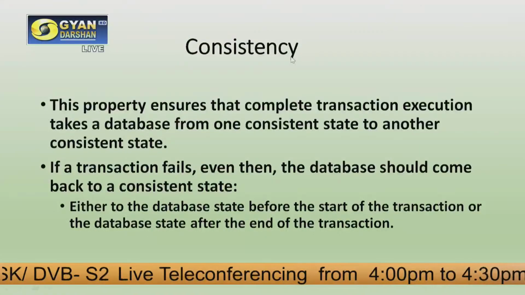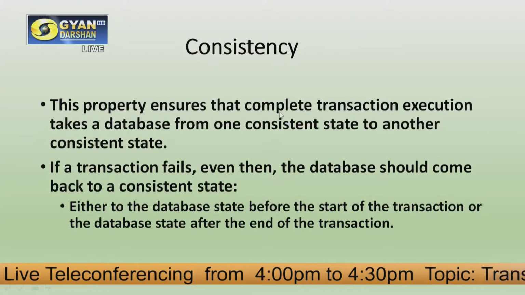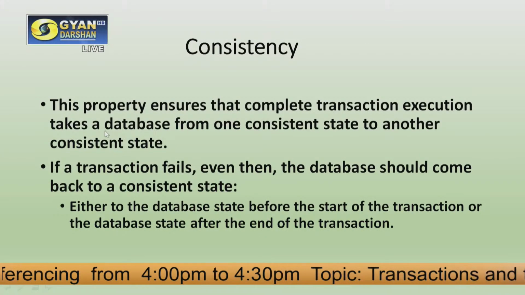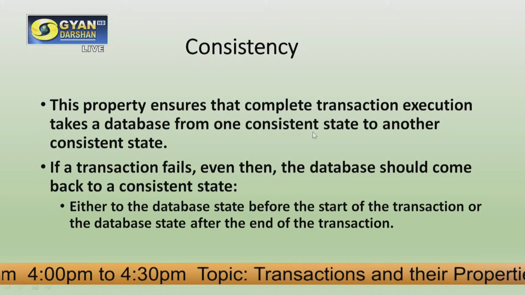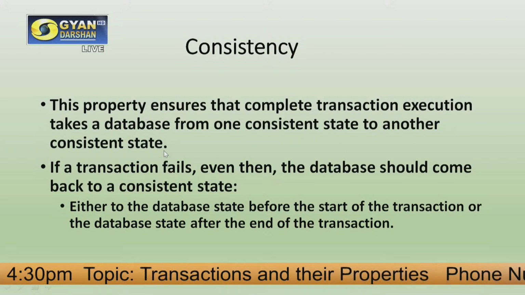Now next is consistency. Consistency is a very interesting idea, where we say this property ensures that complete transaction execution takes a database from one consistent state to another consistent state.